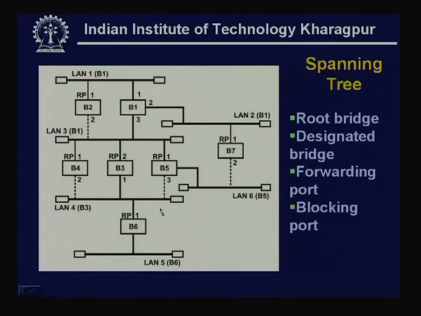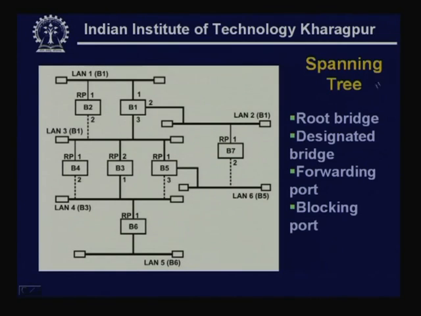So here you see you have got LAN 1 to which 2 bridges are connected, LAN 2 to which 1 bridge is connected, LAN 3 to which 3 bridges are connected, and then LAN 4 and LAN 5 each have 1 bridge connected. So you can see you have multiple paths and multiple bridges in this network, which is connecting 5 different LANs.